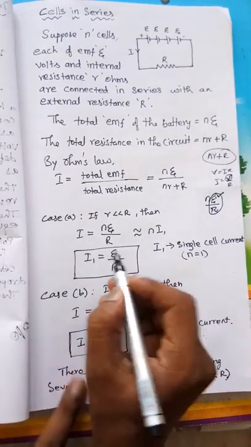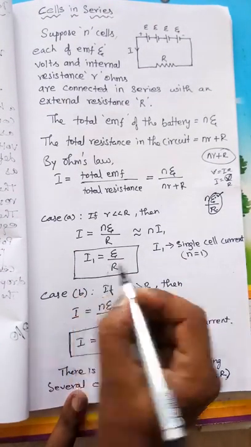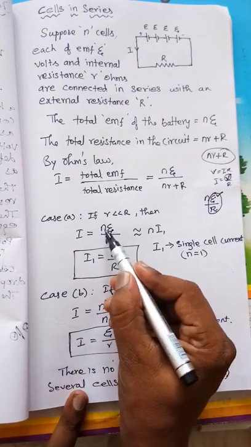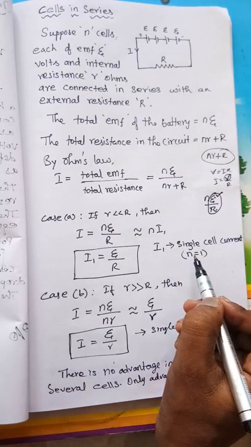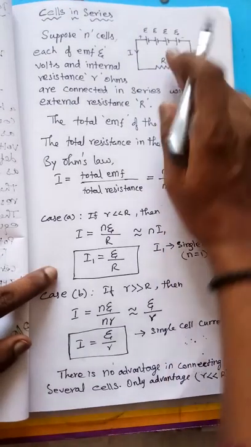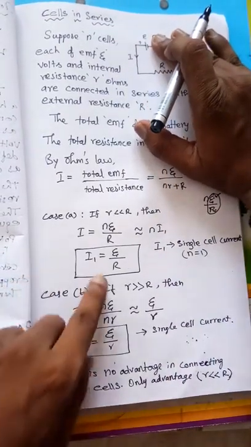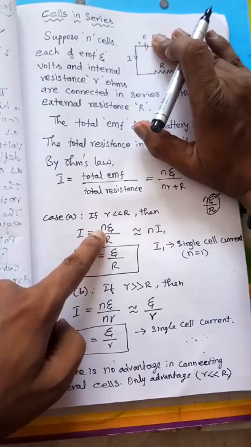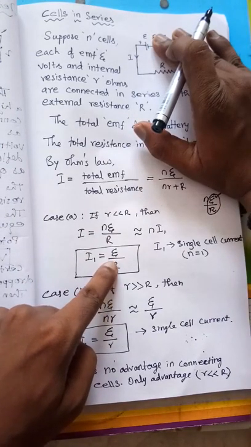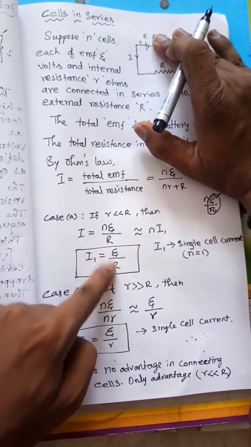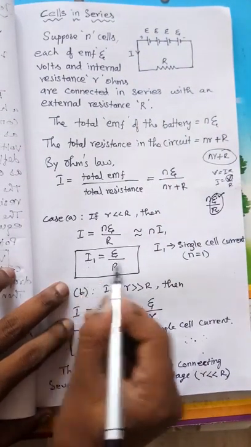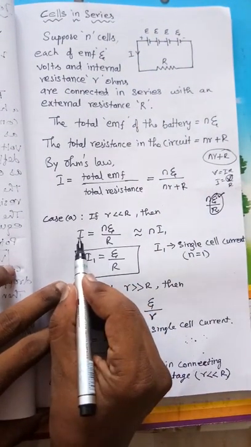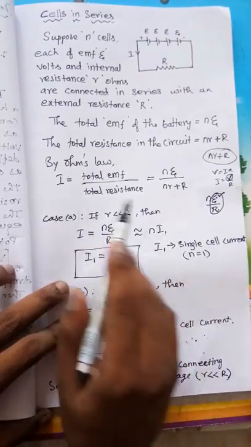That is the formula. If you use only one cell, substituting N equal to 1, the value is E by R, the EMF by external resistance R. This is the I1 current formula. So total current I is equal to N I1.